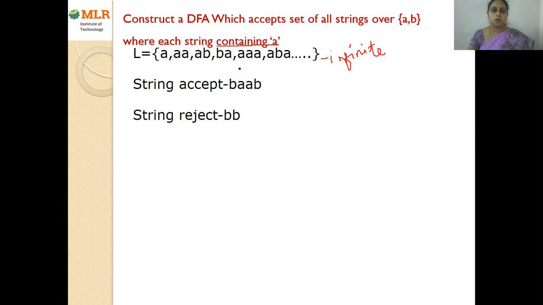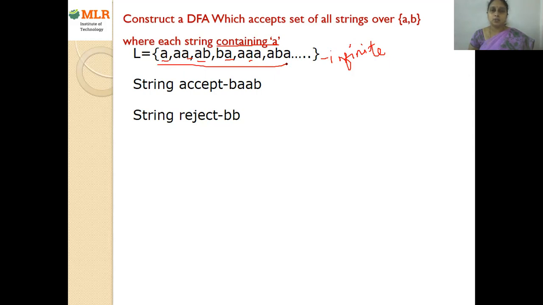It is not to be considered that A should be present at the beginning only. A can be present at the starting, at the beginning, at the middle, anywhere. Now, this is the language we have written.